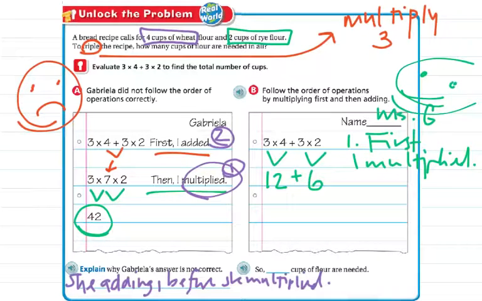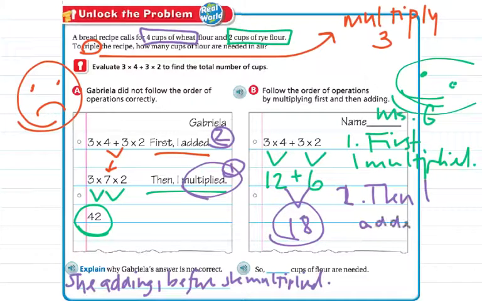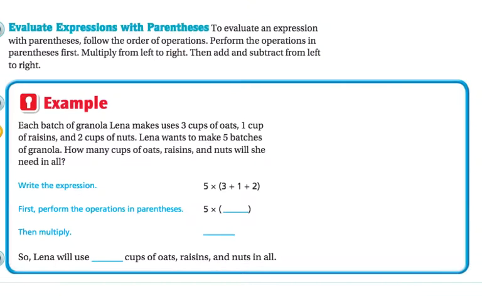Then, boys and girls, I added together, and when I added together, I got 18. So I'm going to say number 2, then I added. We know that 18 cups of flour are needed for the recipe if we are going to triple it. Because remember, we're tripling the rye flour and we're tripling the wheat flour, and then we're adding those two together to find how many total cups we're going to need for our recipe.